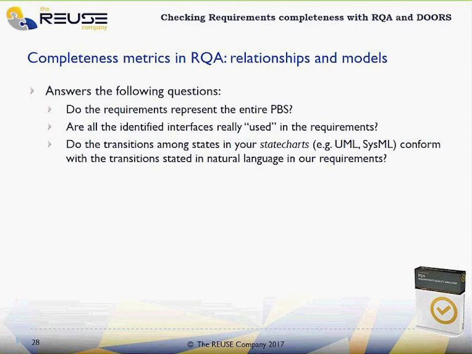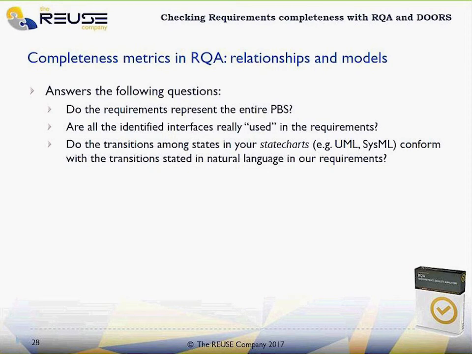So if you are representing in advance, for instance, all the elements in a product breakdown structure, then we could expect our requirements to at least name all the elements in this PBS, right? So very quickly we can not only identify all the entity names in the PBS, but also check whether we are stating all the requirements that somehow represent the architecture of our system.